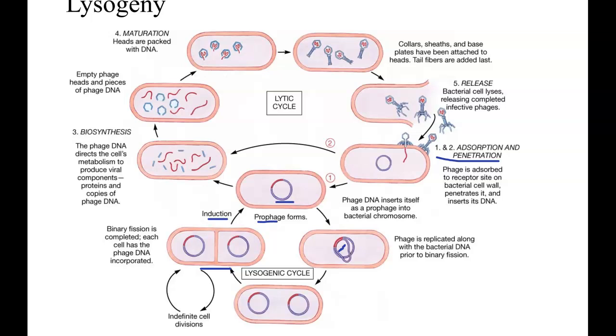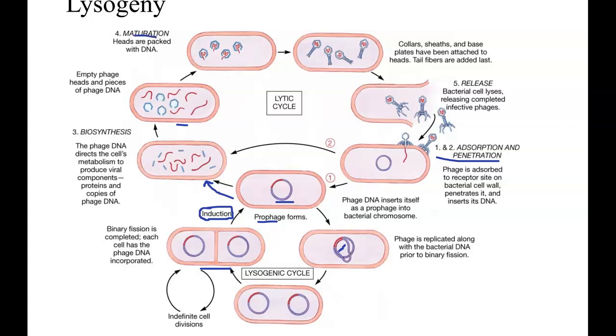So now we've got induction. So here's induction. What is induction? That's when it goes from the lysogenic cycle to the lytic cycle. So now we're going to cross over, and now we're going to take over that host cell machinery, go through synthesis, make all of the parts. Here we've got all of the parts in this picture.